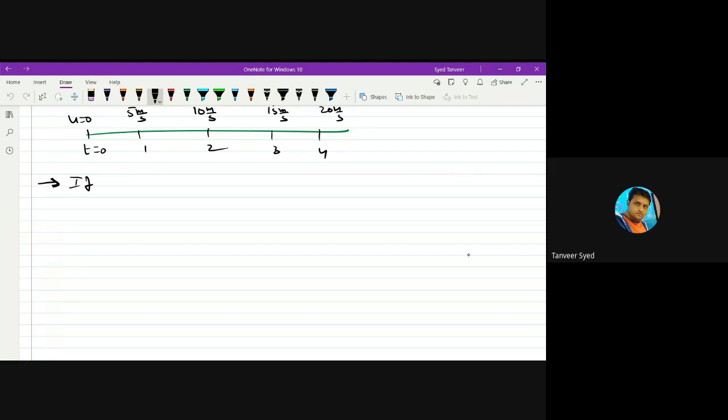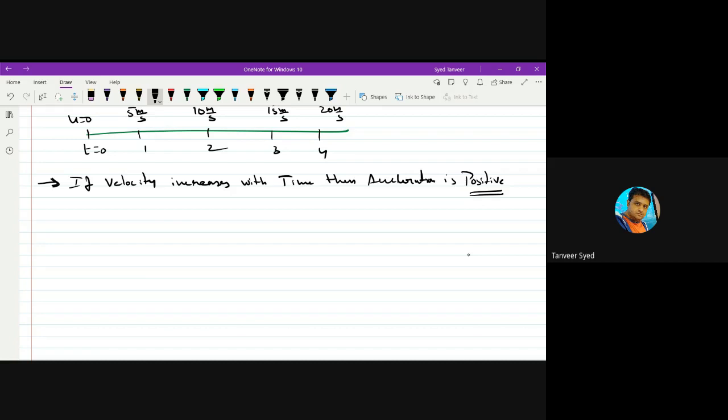But we define it this way: if the velocity of the body increases with time, then we treat that acceleration as positive.